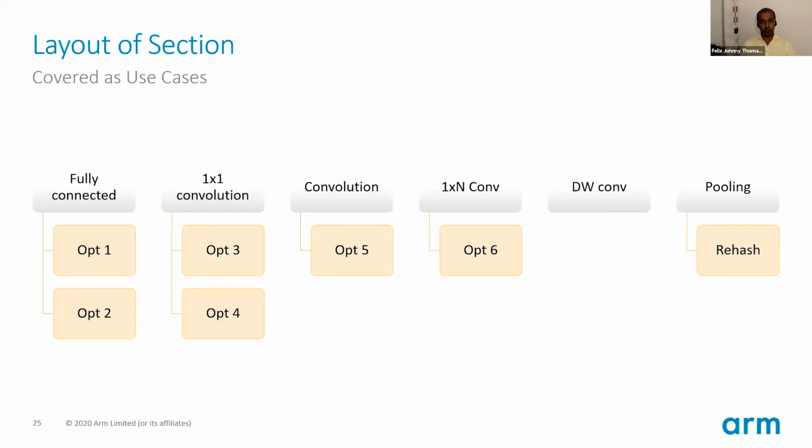So we are going to go through optimization methods wrapped around neural network use cases. We will take different use cases and discuss one or two optimization techniques around each. The methods as such are generic and can be applied to optimizations in general and to other neural network operators as well.